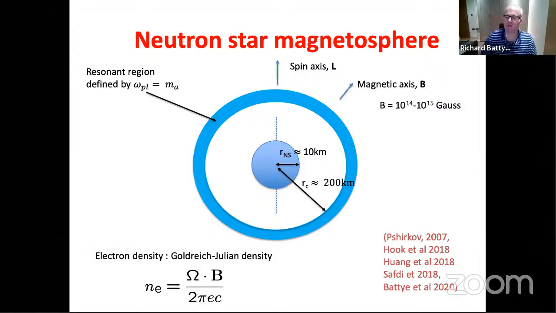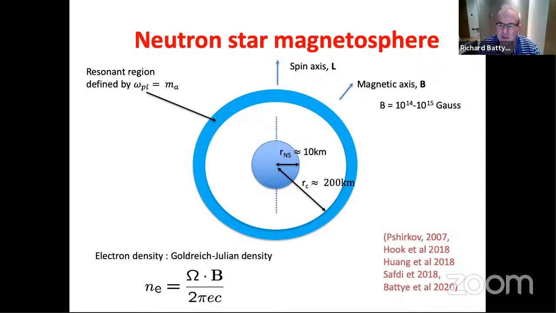So this can be of interest in the context of a neutron star. A neutron star is a blob of neutrons of order a solar mass, which has a radius of about 10 kilometers.